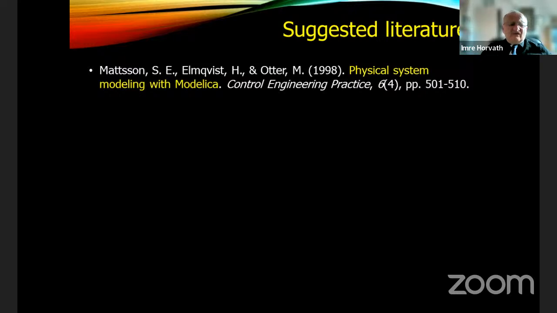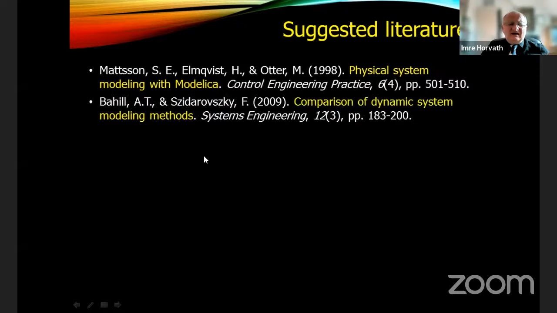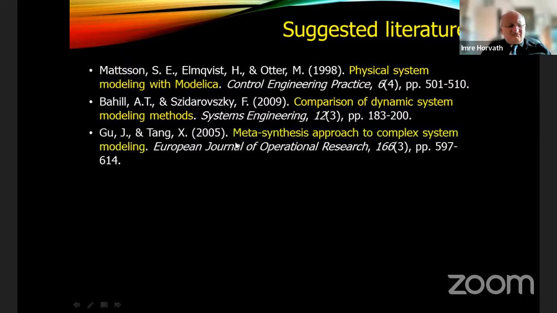At the end of this block, let me suggest a couple of further studies. For instance, Nexon and Caruso's paper on physical system modeling with Modelica is an early introduction and gives a deep overview of how to capture physical systems in models. The next paper is a comparison of dynamic system modeling methods, which provides a kind of basis.